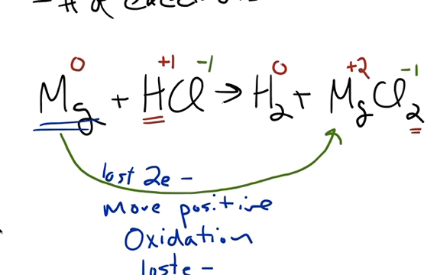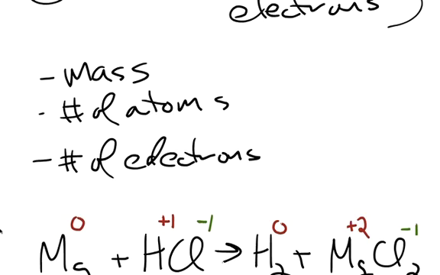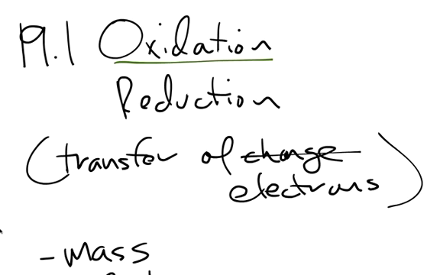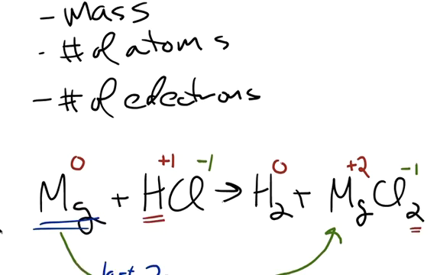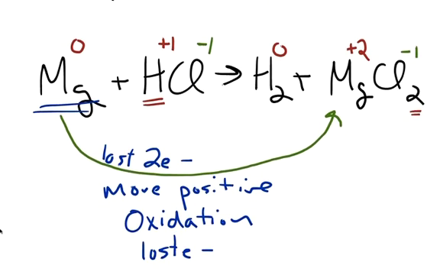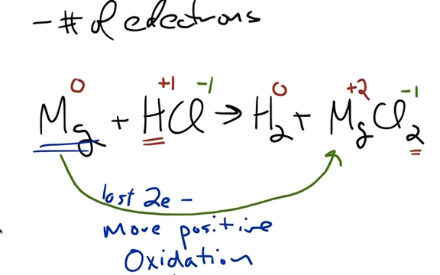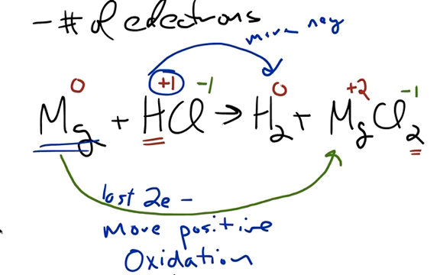Now, what else changed? So here's the thing. If we're looking at oxidation reduction problems, there's a reason they're called oxidation and reduction, because there has to be a reduction part going on too. So magnesium can't just lose 2 electrons. Those 2 electrons have to go somewhere. Well, where did they go? Notice the other thing that changes charge. We have a hydrogen going from a +1 to a 0. So what happened to hydrogen is it got more negative, right?